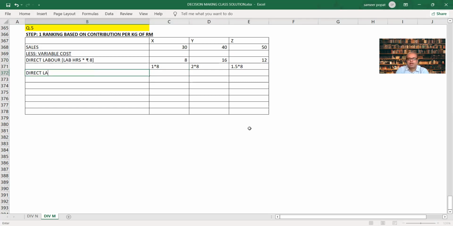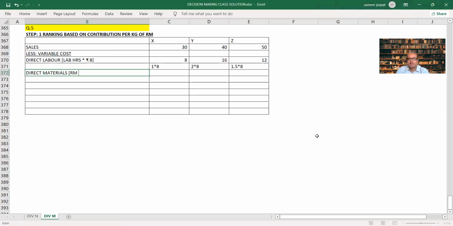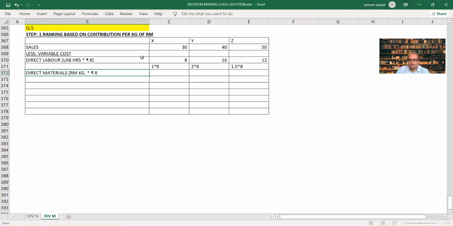Similarly, direct material. You're given details about the kgs of raw material per unit, so raw material kgs into rupees per kg. The import cost is rupees 8 per kg, so into rupees 8 will give us the total material cost.